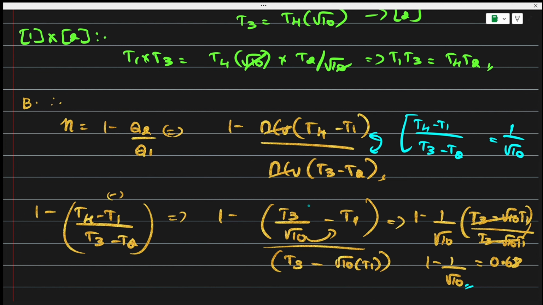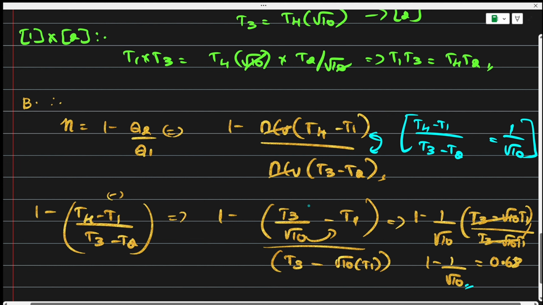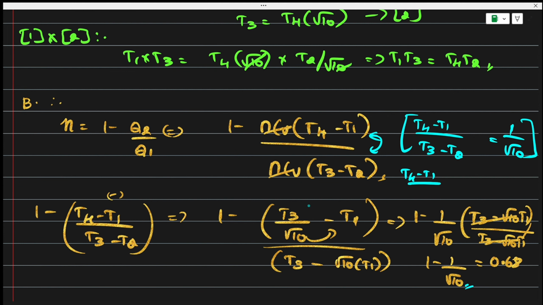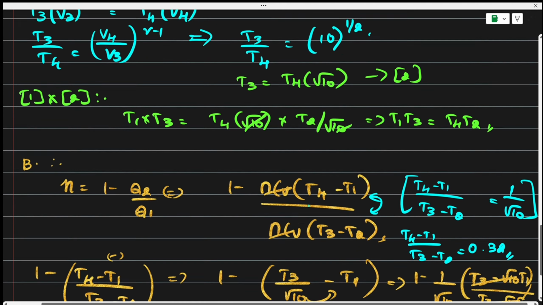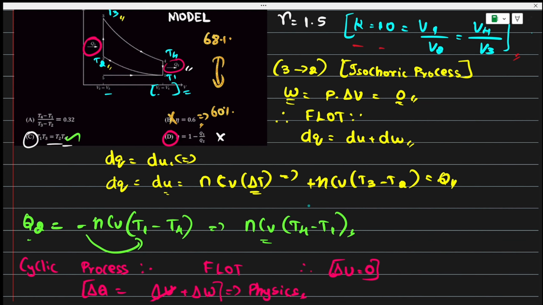We get rid of 1 and minus signs and get the same answer, T4 minus T1 divided by T3 minus T2 is equal to 1 by root 10. On plugging this in the calculator, T4 minus T1 by T3 minus T2 is equal to 0.32, and this is the correct answer. So option A is correct.